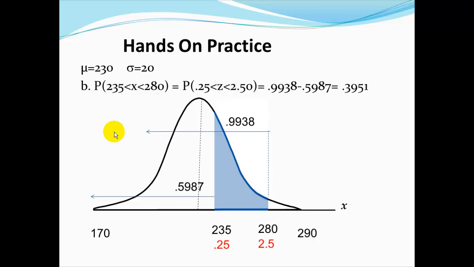The shaded region that we want is the difference between these areas. For this problem, that difference is 0.3951. Therefore, the probability that x falls between 235 and 280 pounds is equal to 0.3951.